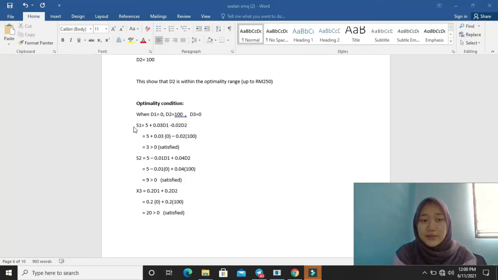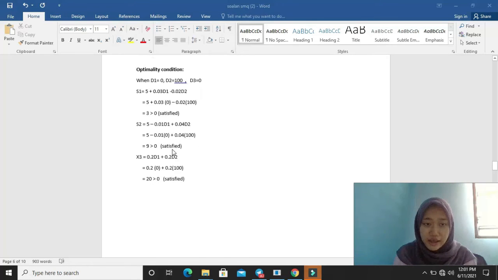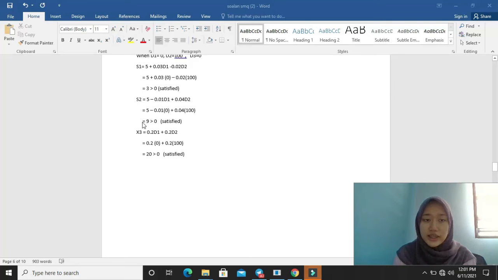So we just substitute the values of D1, D2 and D3 into the equation for each BV. For S1, we obtain that S1 is equal to 3 and it is greater than 0, meaning it is satisfied. S2 is equal to 9, also greater than 0 and satisfied. And X3 is equal to 20, which is greater than 0 and also satisfied.